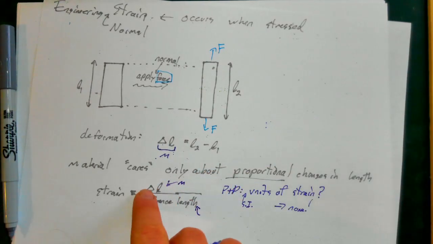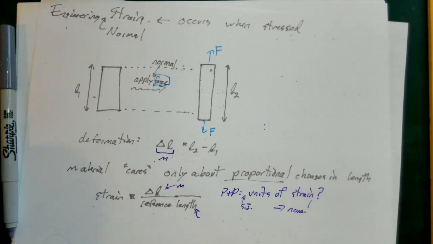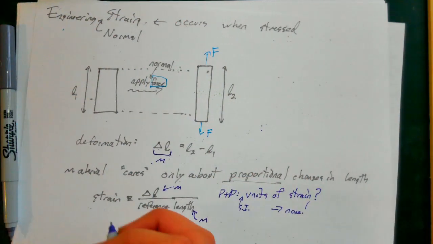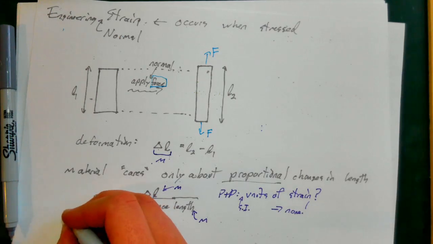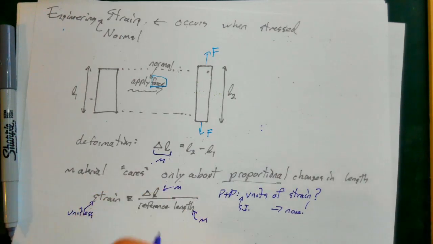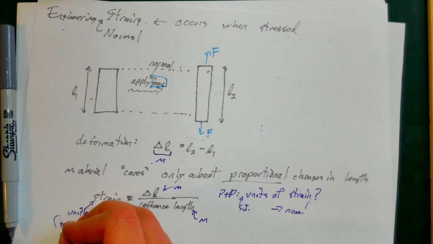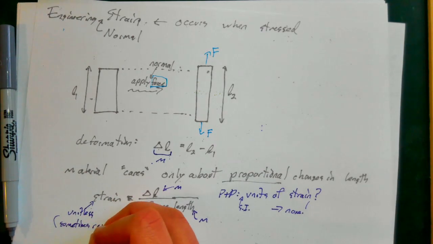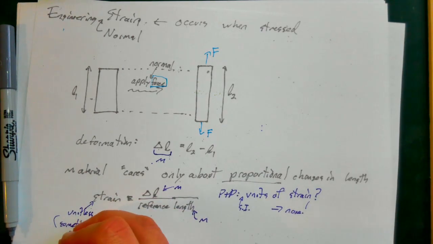If we divide its change in length by some characteristic length of the material, that also has meters, so strain is unitless. Sometimes you might see it reported as a percent.